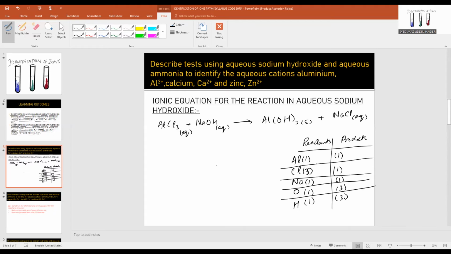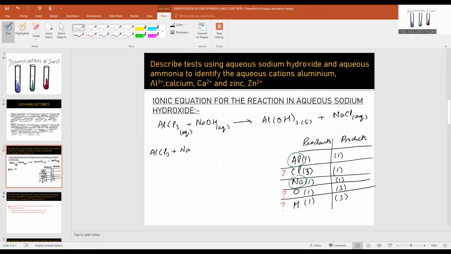Both Al and Na are balanced in this equation. But Cl, O, and H are unbalanced. What if you place a 3 before NaCl on the product side? Then the equation will become like this: AlCl3 plus NaOH gives Al(OH)3 plus 3NaCl.